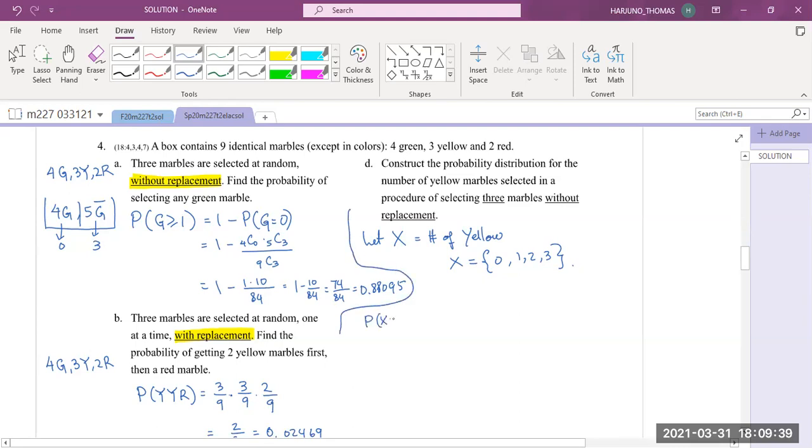Now then let's compute the probability. Probability that X equals 0 is what? Probability that X equals 1 is what? Probability that X equals 2 is what? But the configuration will be, we have a box with 3 yellow and the others not yellow.